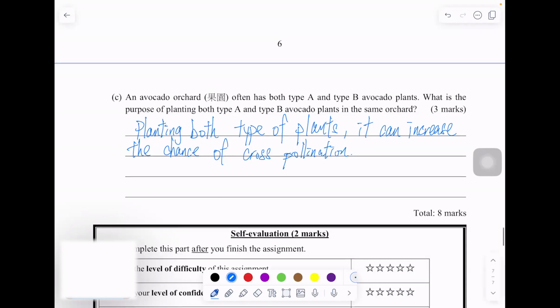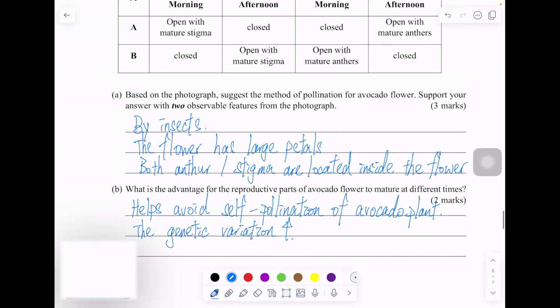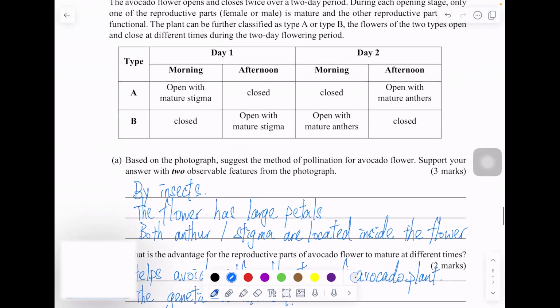Why? Because you can think of it in this way. Again, during day one, in fact, plant type A will have the mature stigma. While on day two, morning time again, they will also have the mature anther for plant type B. So in this case, as both plants may not have the same time for blossoming, maybe some will be later, some will be earlier.